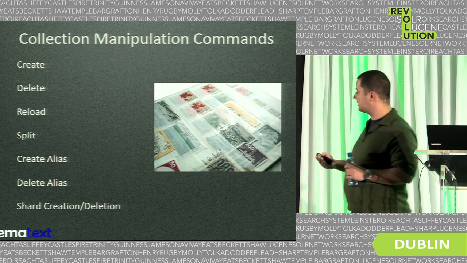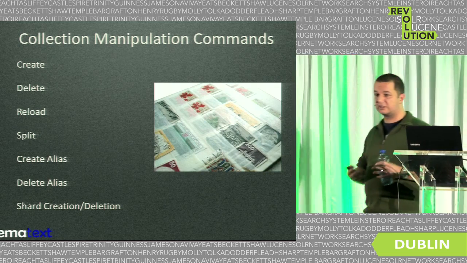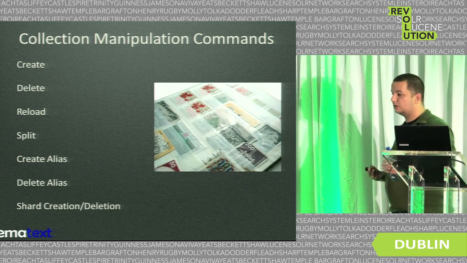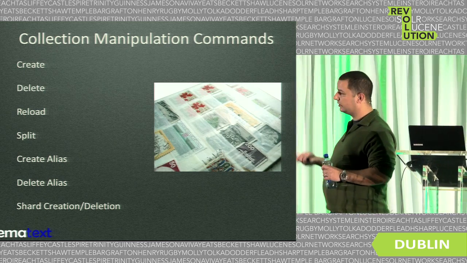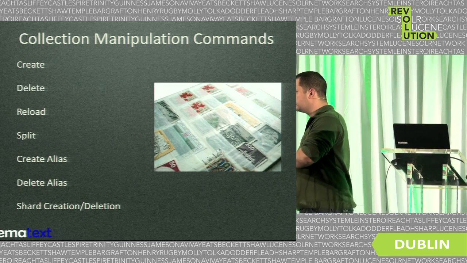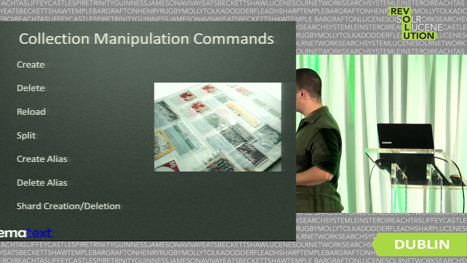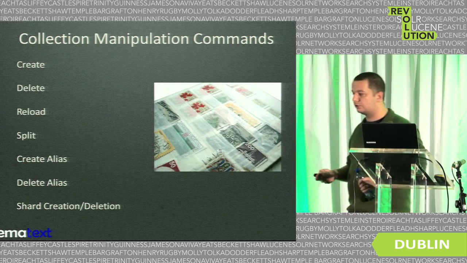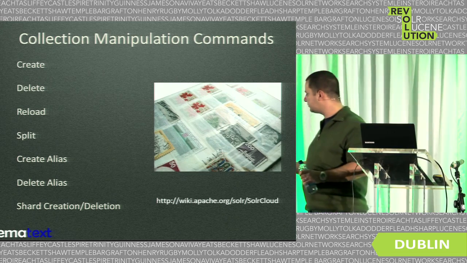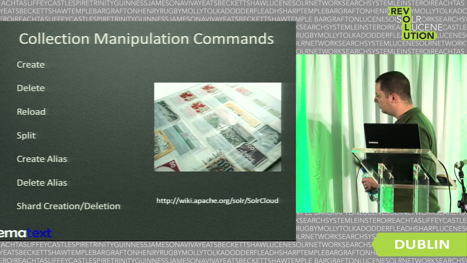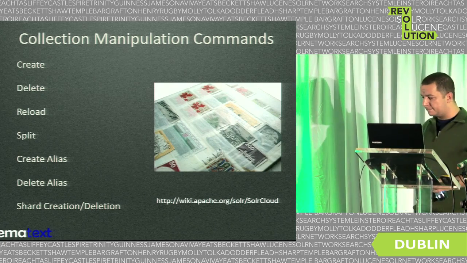We can create aliases and delete them to, for example, have the timed collection we spoke about yesterday. Or, when we are not using the default routing, we can even add new shards to the collections and delete them. For full reference, please refer to SolrCloud on Apache Wiki.